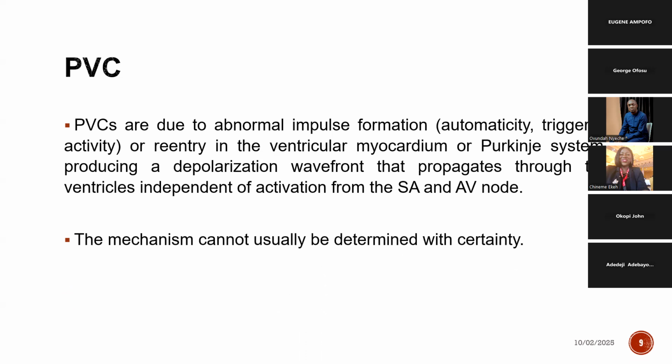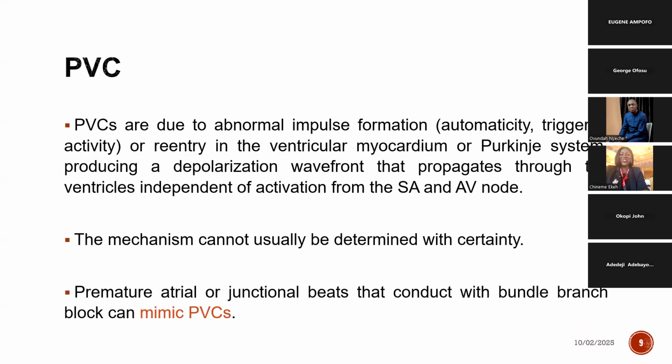The actual mechanism cannot always be determined with certainty. Premature atrial or junctional beats that occur with a bundle branch block can sometimes mimic a PVC, and we need to be able to differentiate these from an actual PVC.